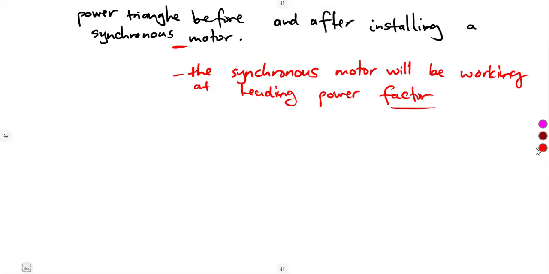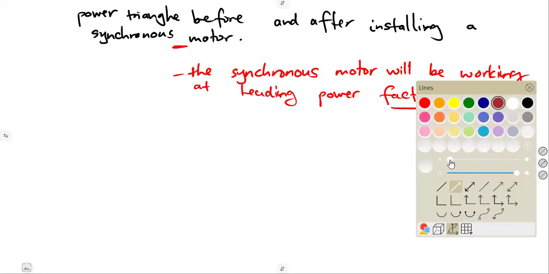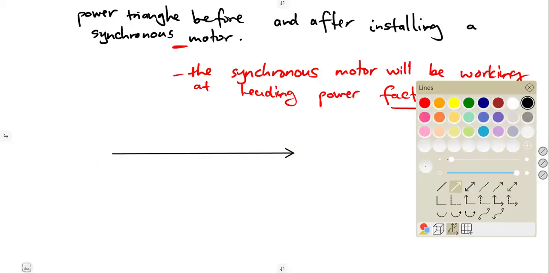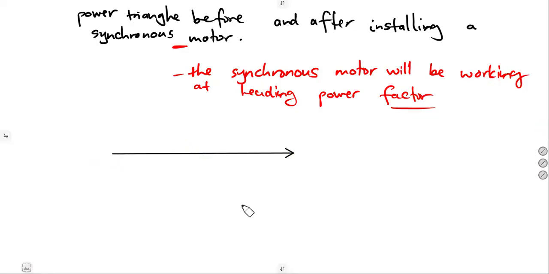So before the power factor correction, we were going to notice something like this. Let me just extend it later on, do not worry, but it was supposed to be like this. We were supposed to have something like this and another one like this.